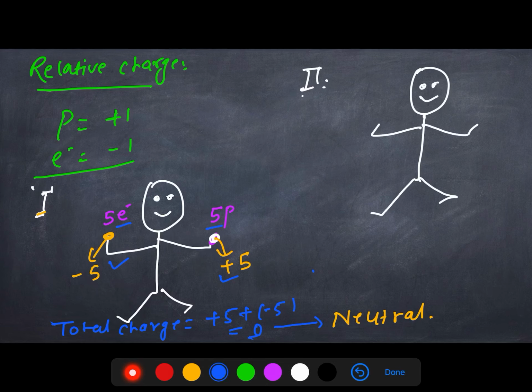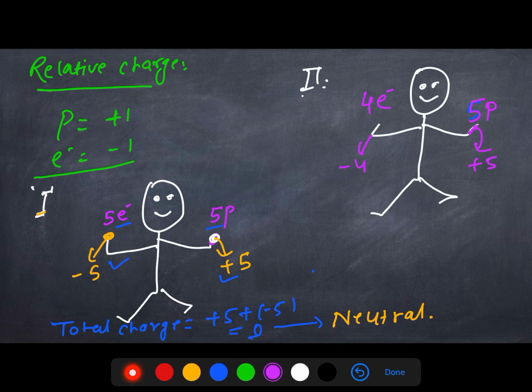Now, it's the same person over here, still have 5 protons, but this time he has 4 electrons. E minus is electrons, P is protons.